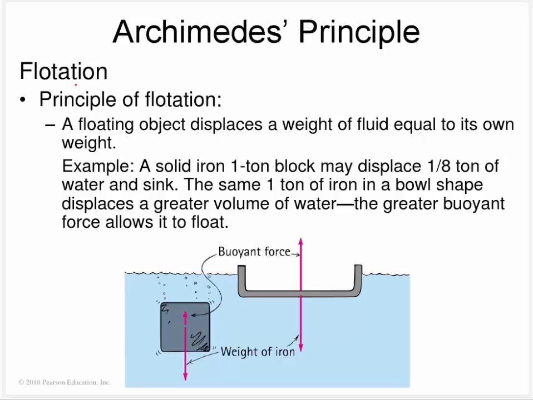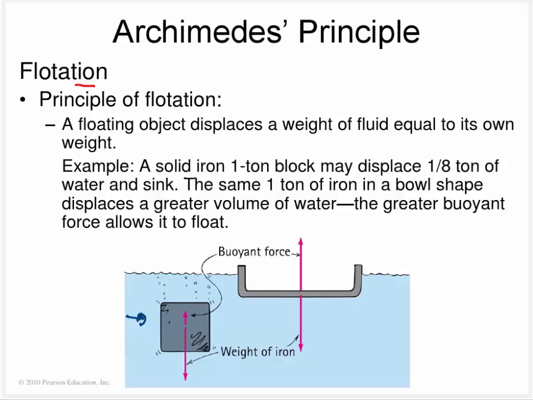So let's talk about flotation just a little bit more, and let's think about how we can have an object, say a steel ship, and if it was compressed into a little tiny block, then it might sink, but if we were to expand it out so it displaced a larger volume, then we can get a larger force.